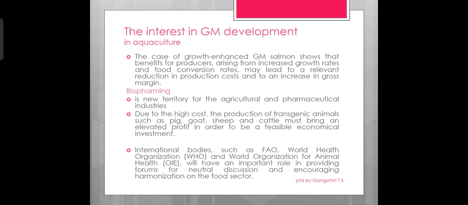Then about biofarming. Biofarming is new territory for the agricultural and pharmaceutical industries and presents novel challenges for government regulators and others. Due to the high cost, the production of transgenic animals such as pig, goat, sheep, and cattle must bring an elevated profit in order to be a feasible economic investment.